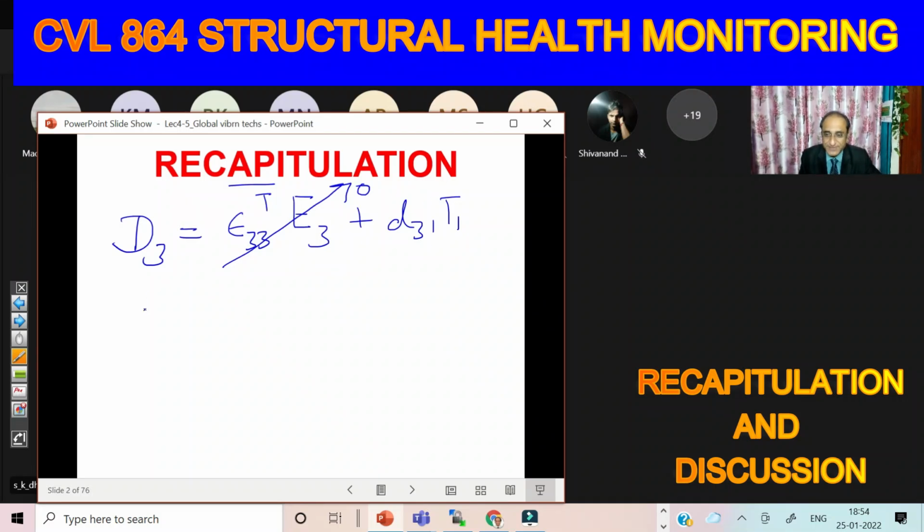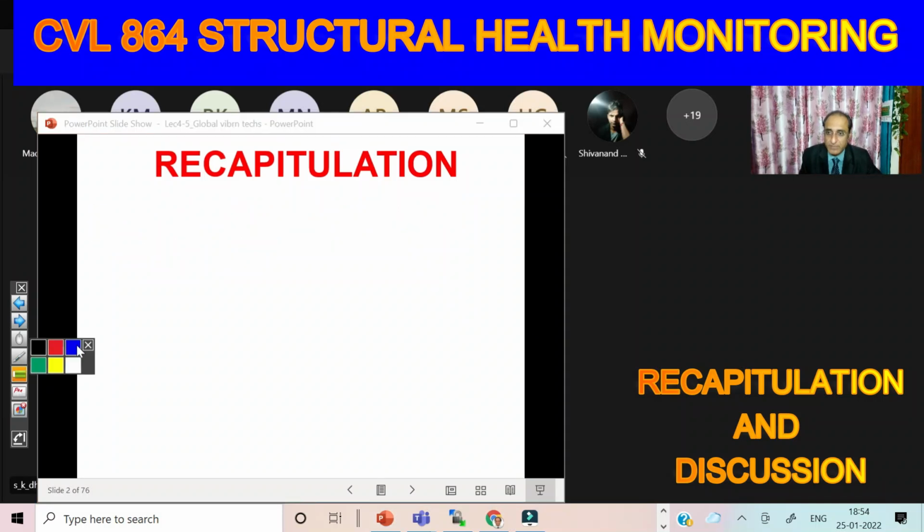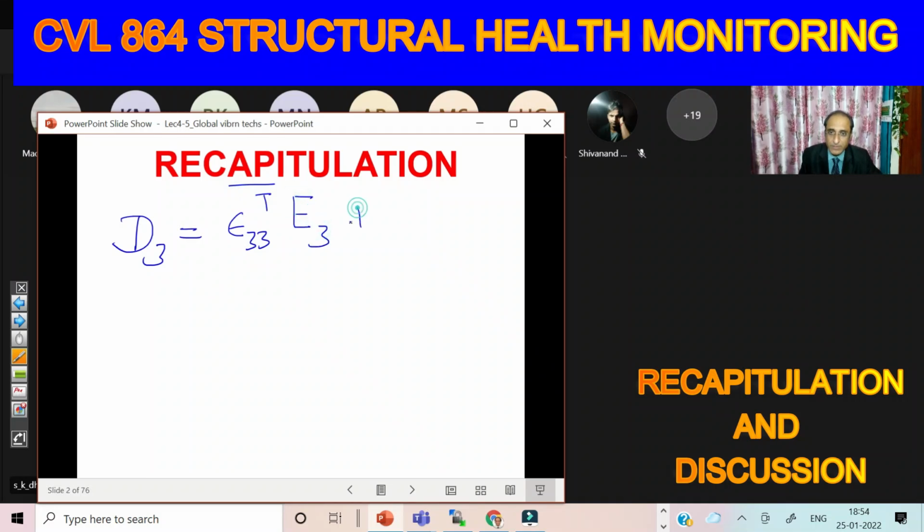So we have this, and then we multiply both sides by the area A. So what we get is now Q, the total charge, and on the right hand side we have D31, and this stress we can break down into strain by bringing the Young's modulus into the picture. And then we have the area A, and this total charge can be written as C into V.